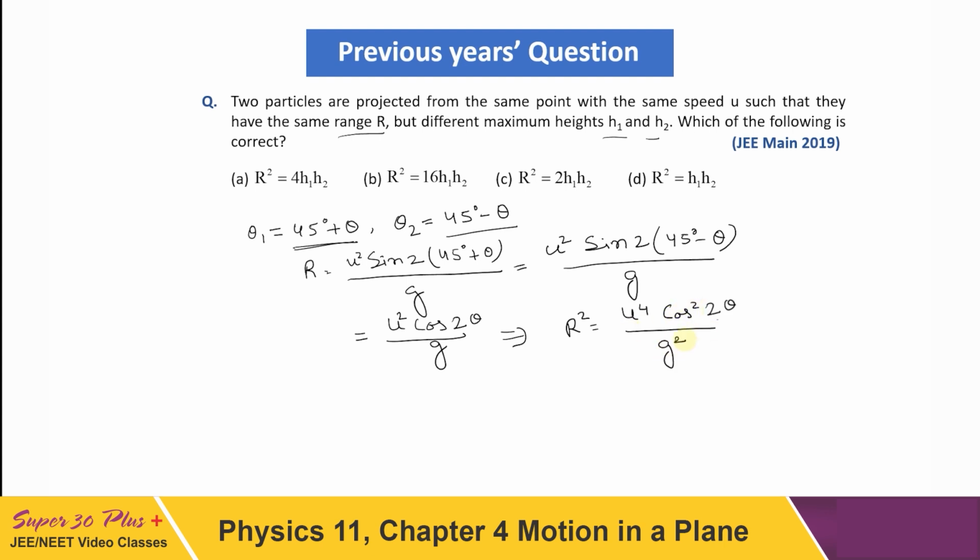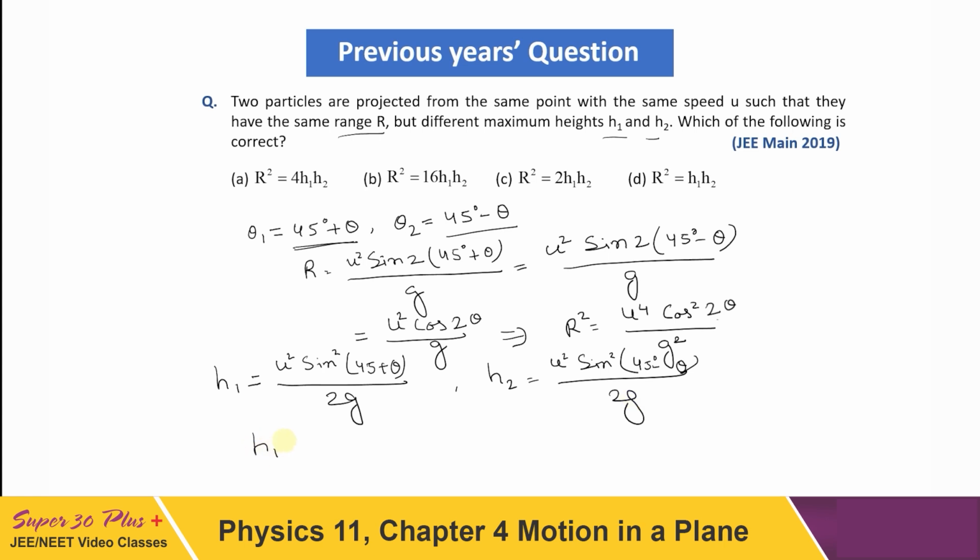Now maximum heights in the two cases can be written as h1 is equal to u square sine square (45 degree plus theta) upon 2g, and h2 as u square sine square (45 degree minus theta) upon 2g. On taking its product h1 into h2, we will get u to the power 4 upon 4g square.